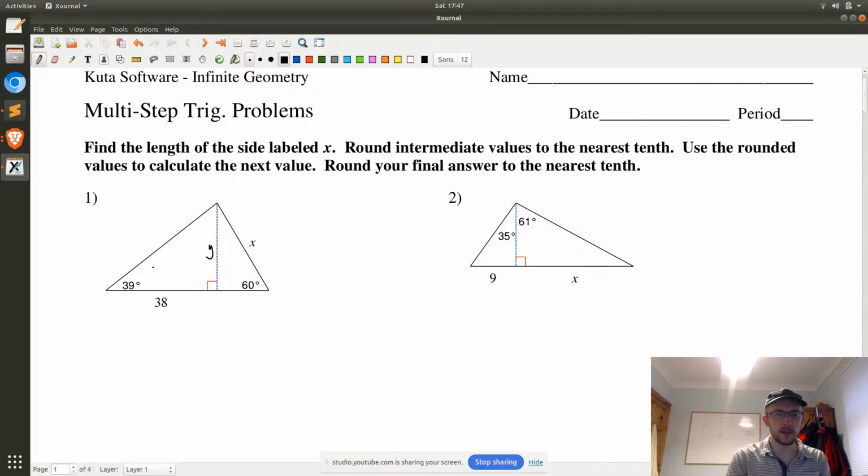And what that says is tan of 39 is y over 38, and thus y is 38 tan 39.